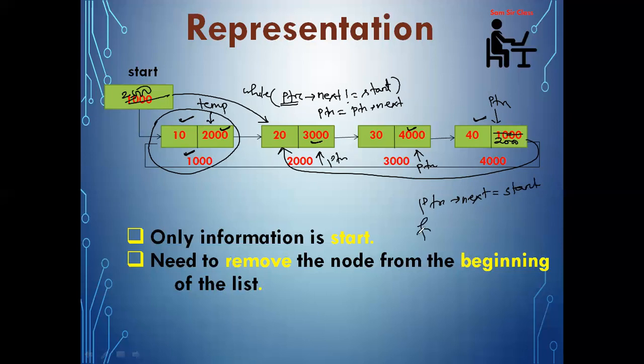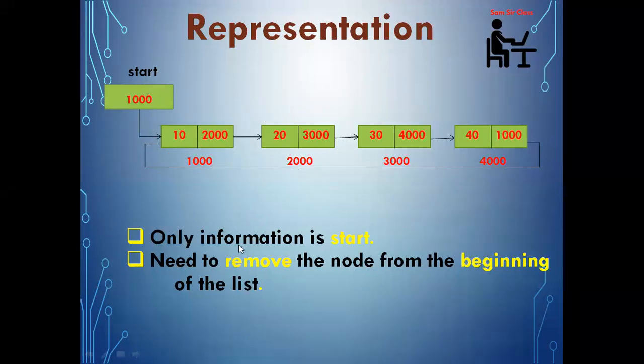And after that, normally what we will do, free temp, so that this particular node, the first node, will be deleted from the memory or will be removed from the list. Okay, so this is the difference between single linked list and circular linked list. We have to use the information that we are having, that is on the start, and we need to remove the node from the beginning of the list.